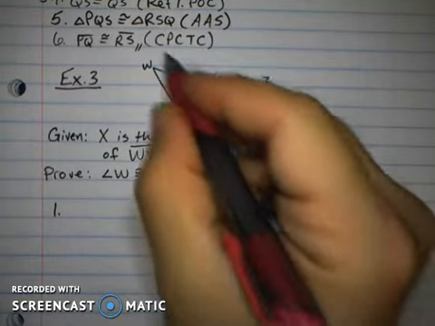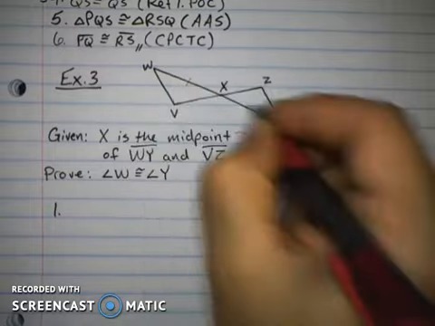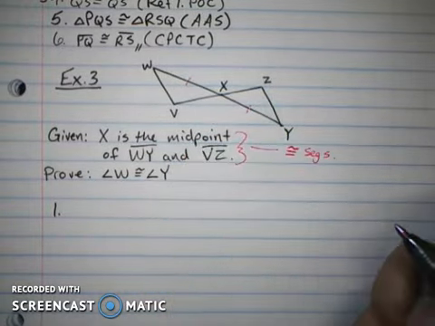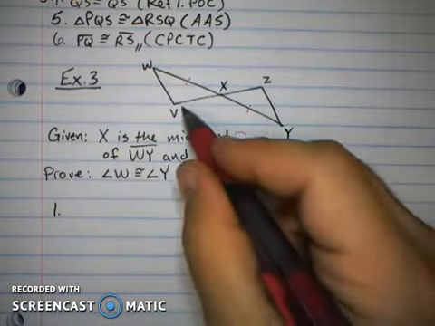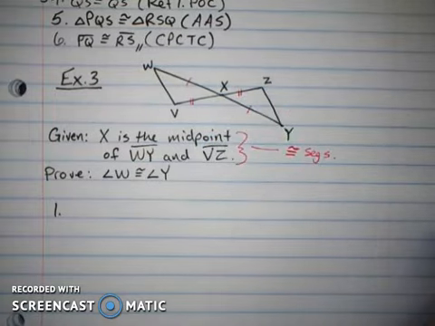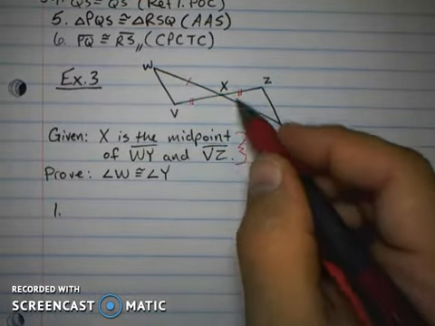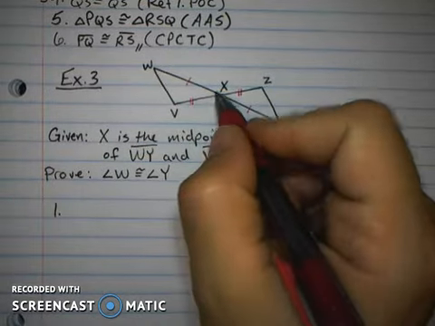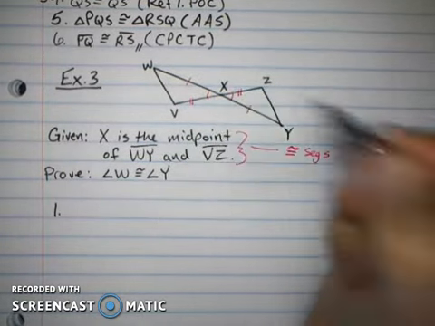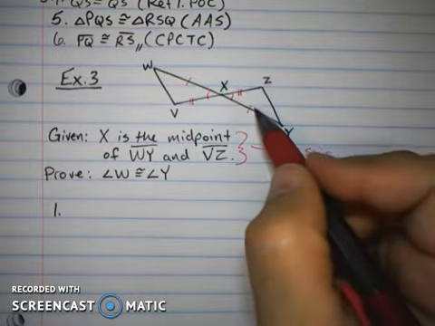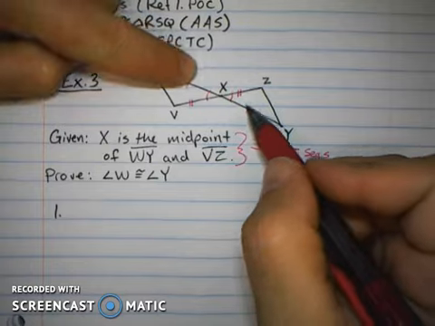If X is the midpoint of WY, that means WX is congruent to XY because of the definition of midpoint. And if X is the midpoint of VZ, that means VX is congruent to XZ by the same reason. So there's how we can get two pairs of congruent sides. And then you'll also notice that we have congruent angles here by the vertical angles theorem. And so we could show that these triangles are congruent by side, angle, side.